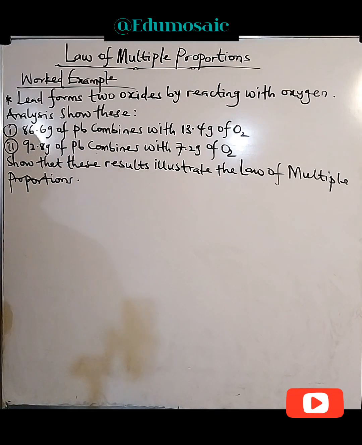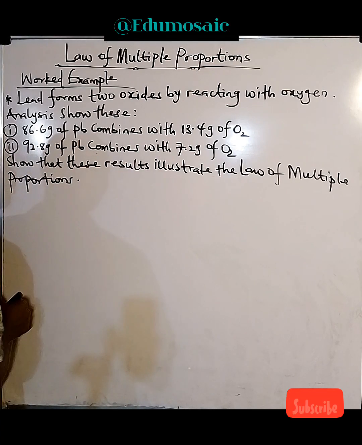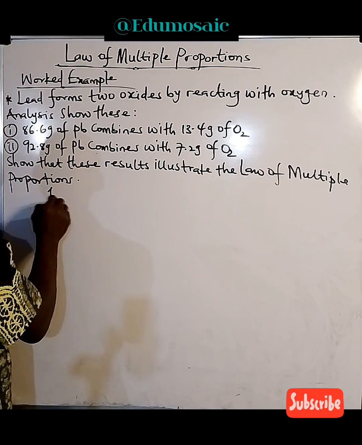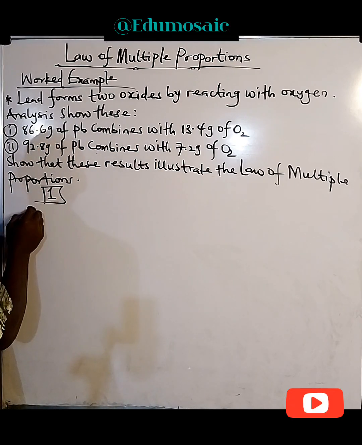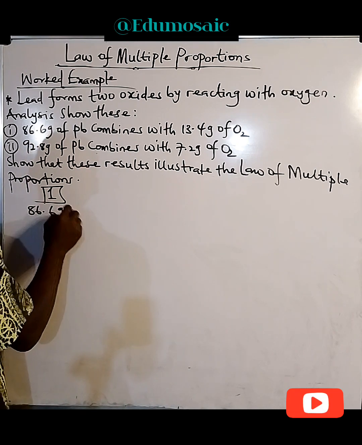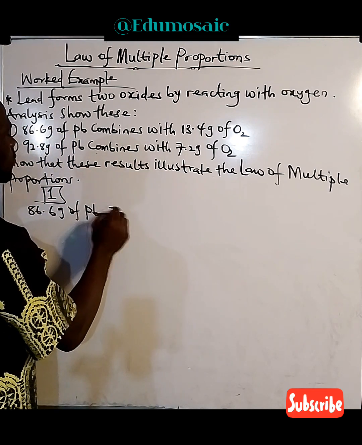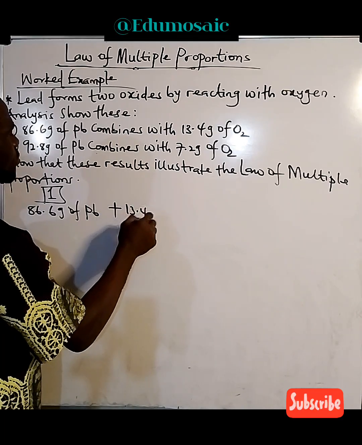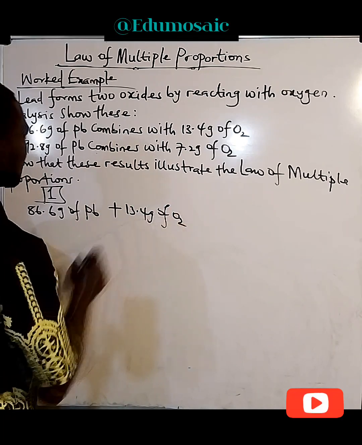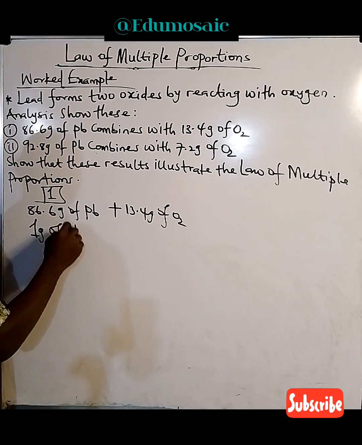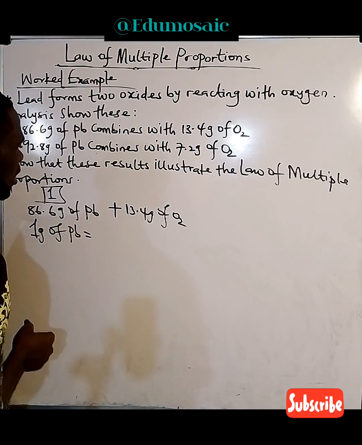So let's quickly solve and see if this really shows the law of multiple proportion. That's the first analysis: 86.6 gram of Pb, plumbum, which represents lead, combining with 13.4 gram of oxygen. So if that is that, it means 1 gram of lead will combine with how much oxygen?